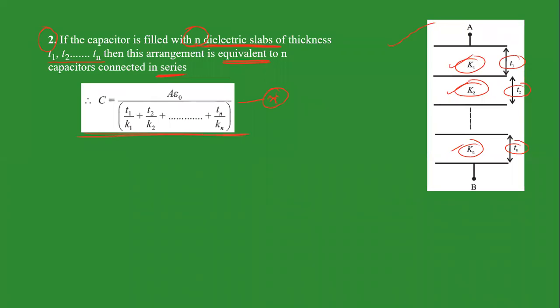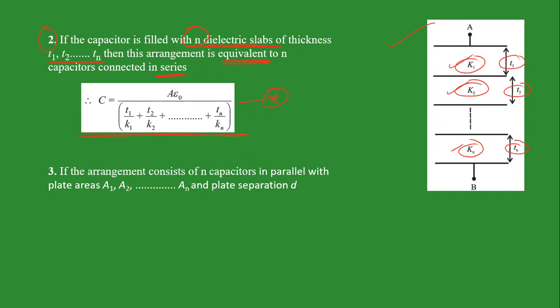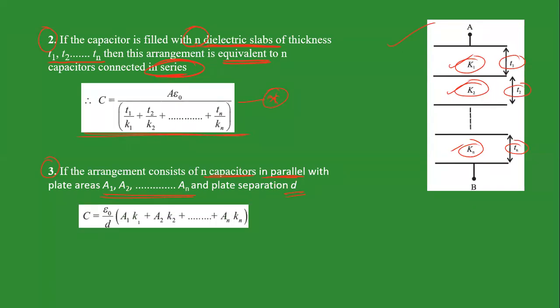Now case 3: if the arrangement consists of n capacitors in parallel. Now here this is similar to the series combination. Now we are considering n capacitors in parallel with plate areas A1, A2, An, and the separation is D. Then capacity, you remember, is given by this formula.